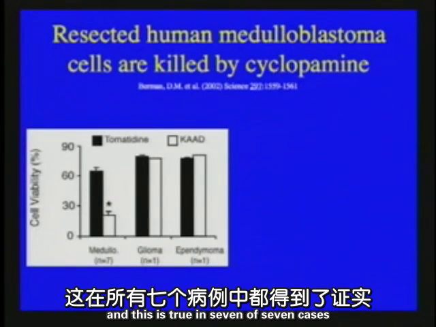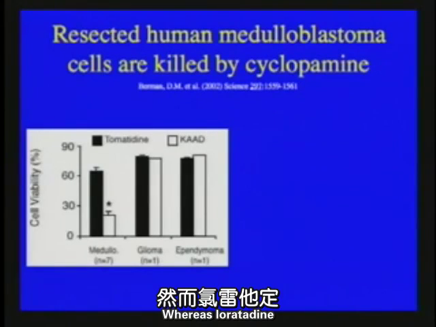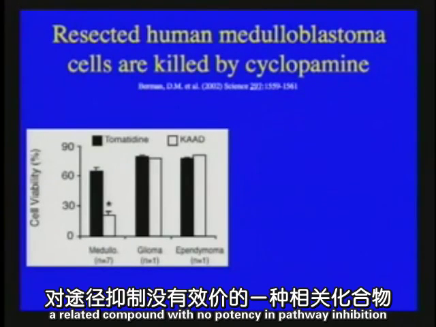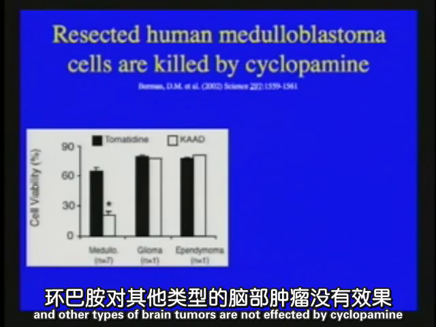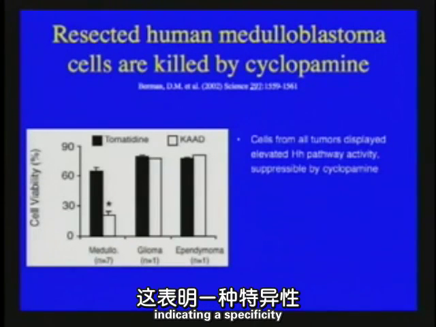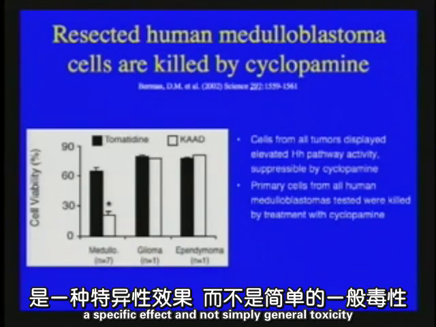And this was true in 7 of 7 cases, whereas tomatidine, a related compound with no potency in pathway inhibition, doesn't kill the cells, and other types of brain tumors are not affected by cyclopamine, indicating a specific effect and not simply general toxicity.